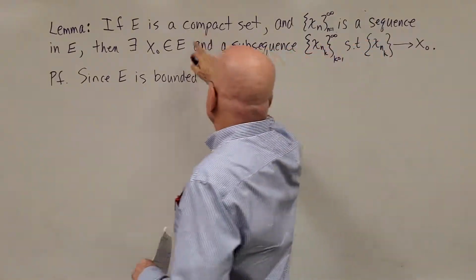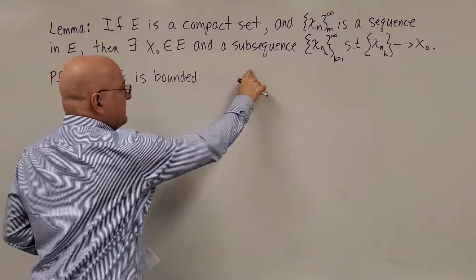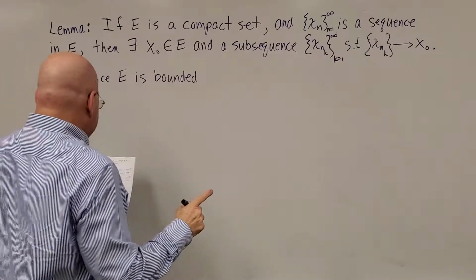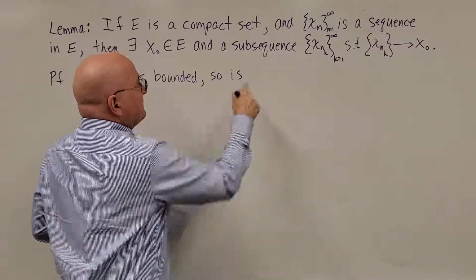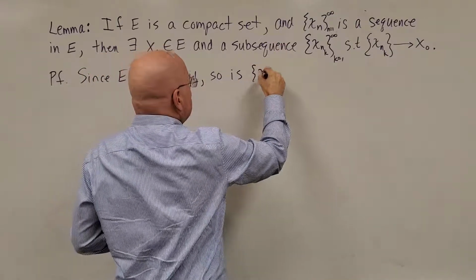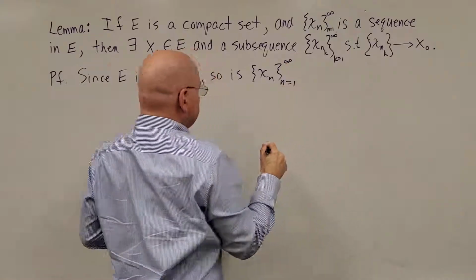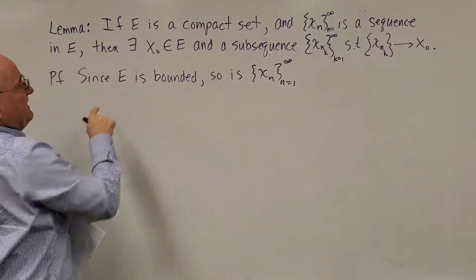So, compact implies bounded. If you want to put a note in there that says compact implies bounded, that's just fine. I'll leave that out. Since E is bounded, so is the sequence Xn. Obviously, because these are just numbers taken from E.